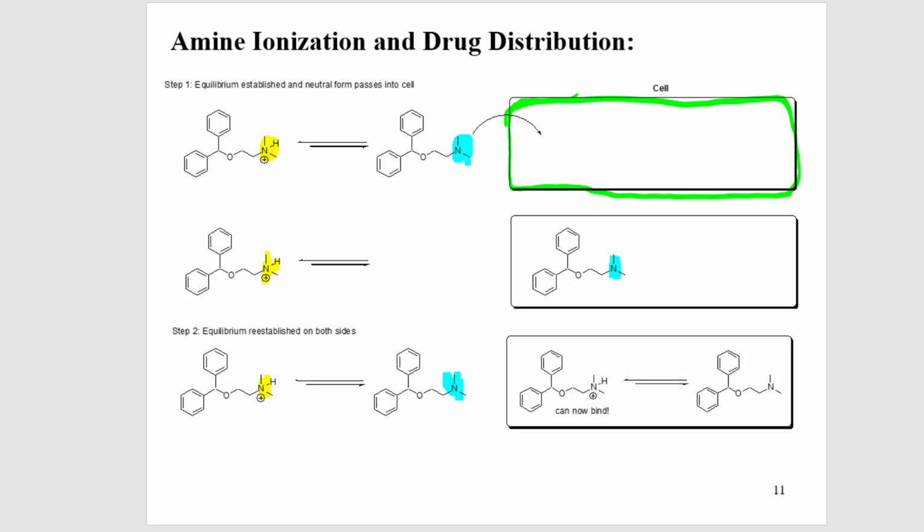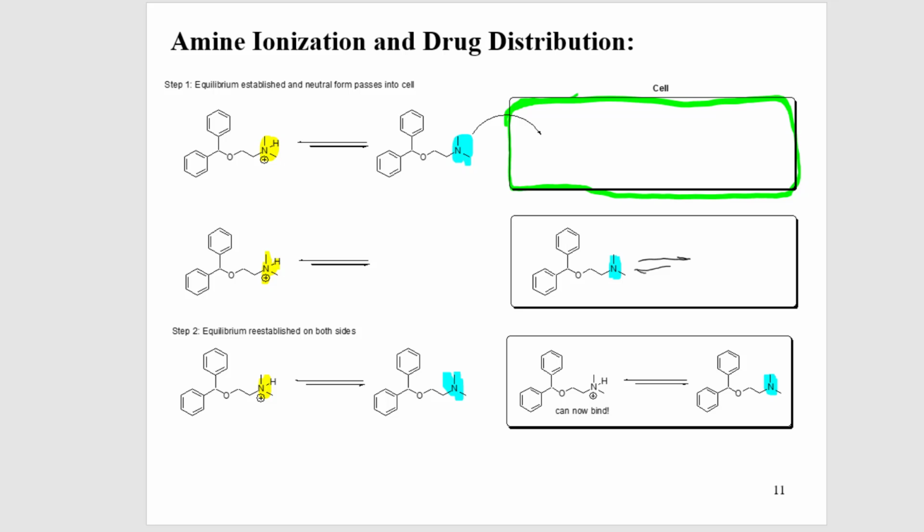Okay, what's happening inside the cell? Well, the neutral reestablishes an equilibrium as well, right? Because it's empty. So empty outside the cell reestablishes equilibrium. More can enter the cell, and the more that enter the cell, it's empty.